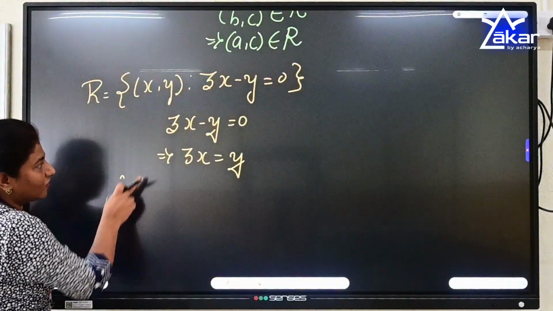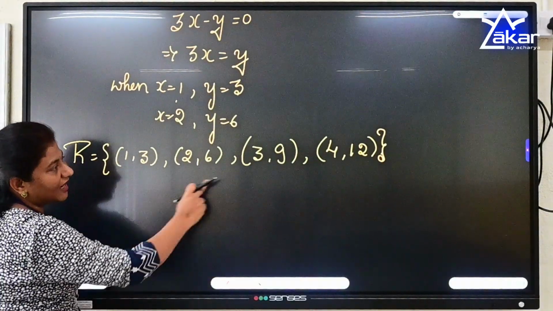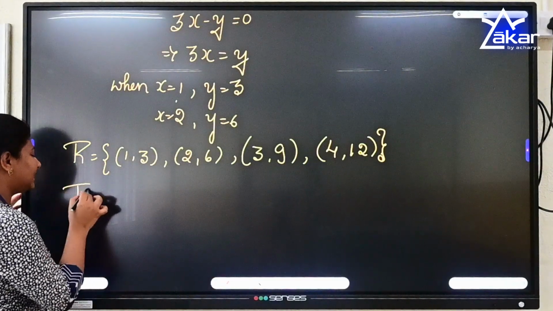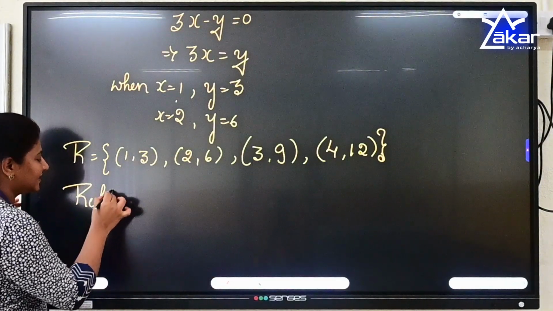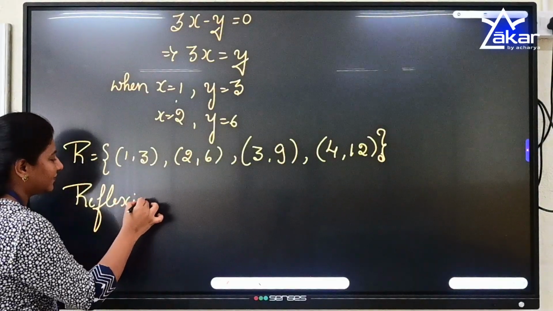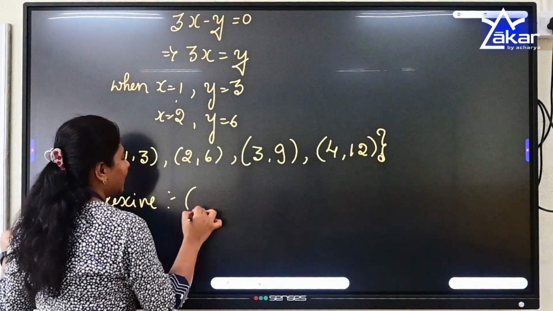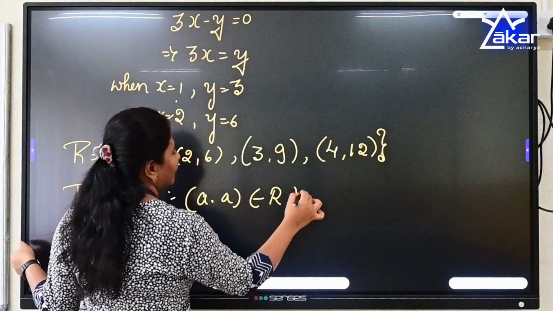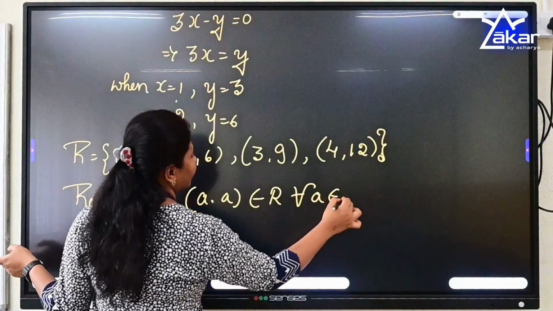Is that possible for the given elements of R? No, the reflexive condition fails.